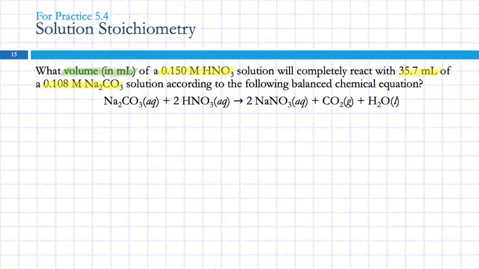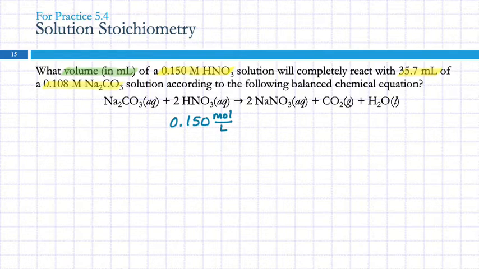So identifying the numbers, we're going to pull these out and write them down. With stoichiometry, I highly recommend using the equation to organize them. So here's a molarity of HNO3. Under HNO3, I'm going to write 0.105. What does capital M mean? Moles over liters. So we want to write moles over liters.